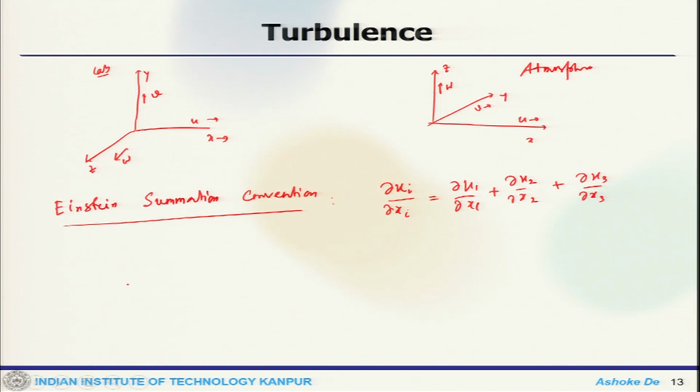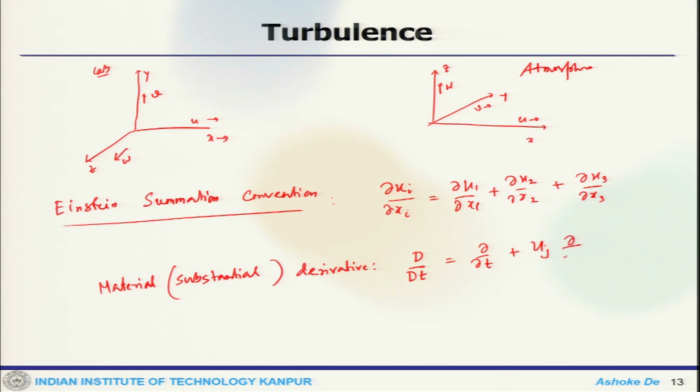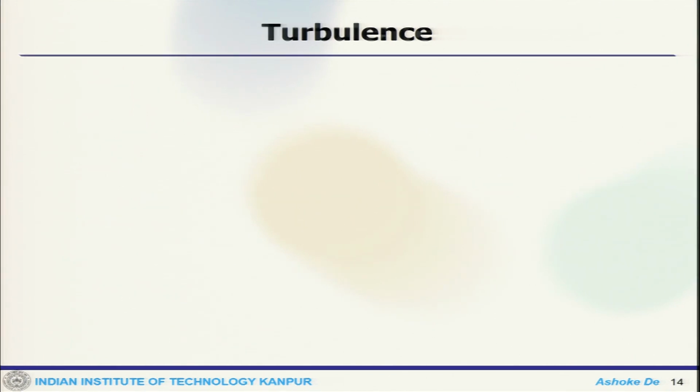Now, we will write the material or substantial derivative, which is D by Dt equals del by del t plus uj del by del xj. So, these are the two things which will be commonly used while we will be discussing more about these things.